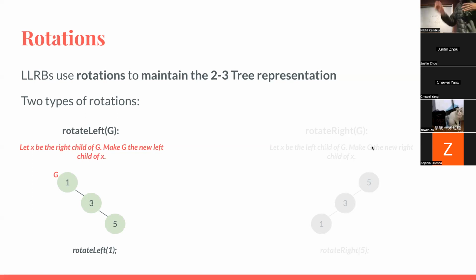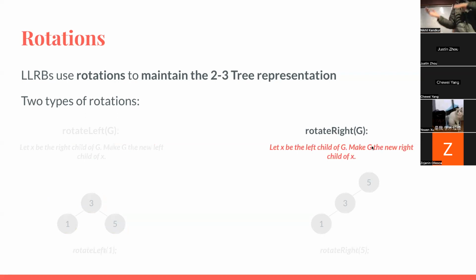It's going to be 3, so we label X on 3. Then we make G the new left child of X, so we bring down this 1 node and make it the left child of 3. After that animation, you see 1 becomes the left child of 3, and that's what rotating left is.